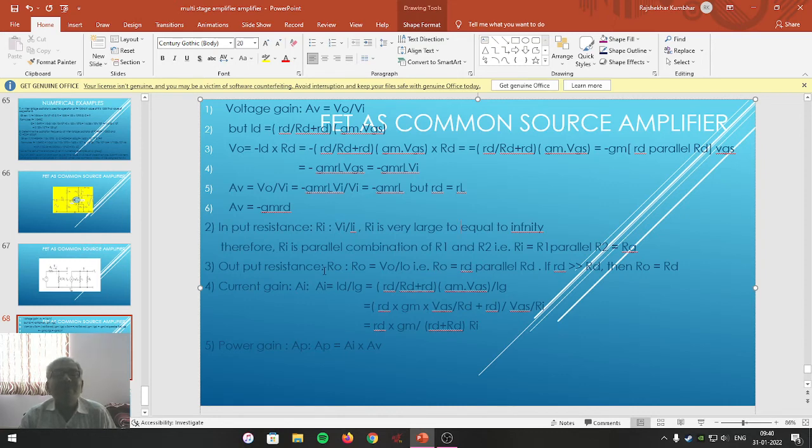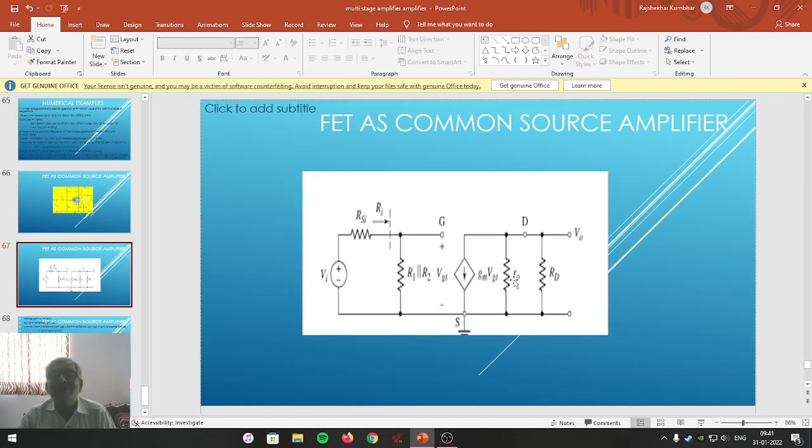Friends, we have already calculated the output current, that is the drain current, in this equation. And if you look at the small signal equivalent model, the output resistance is going to be small rd connected to capital RD in parallel. So that forms its output resistance.